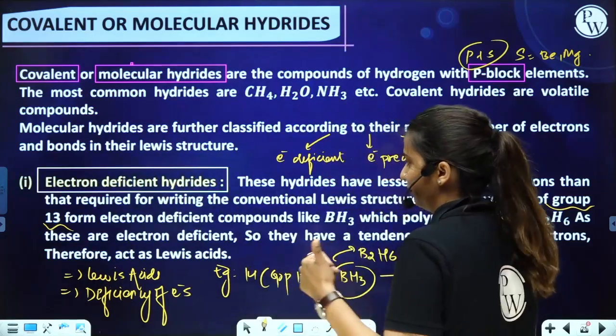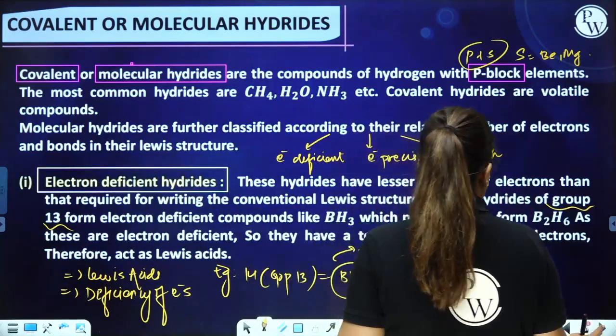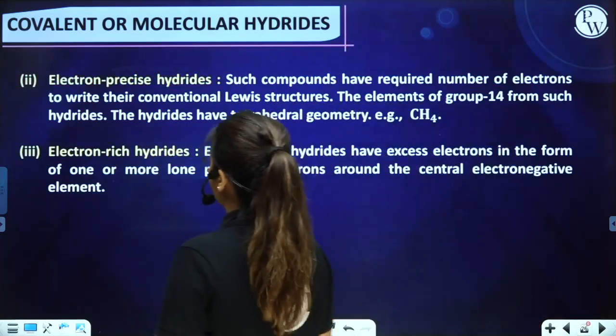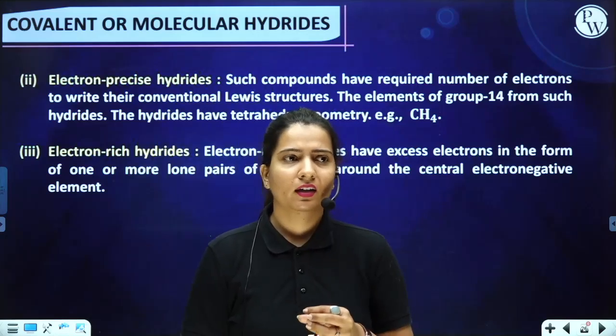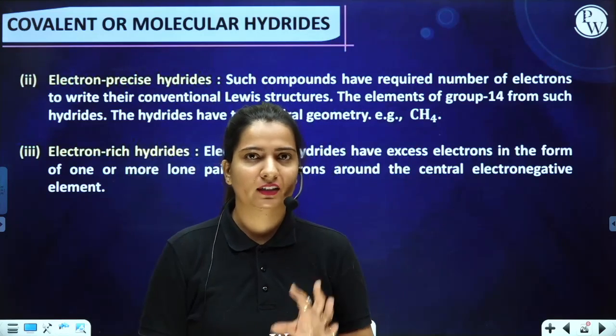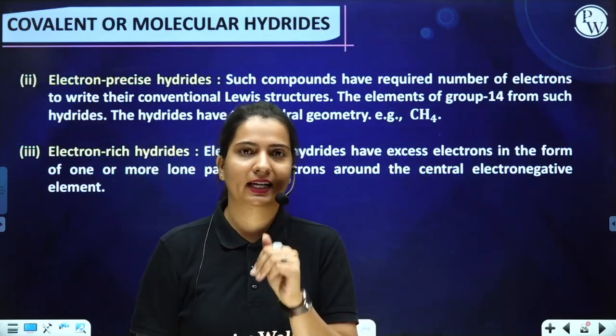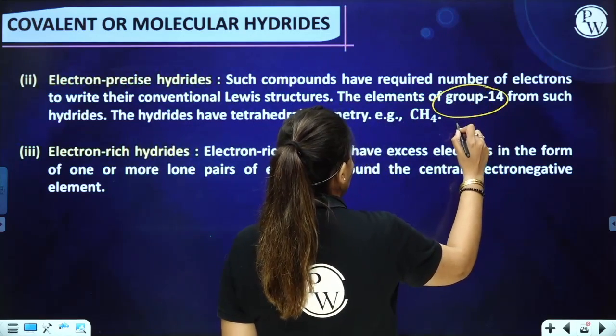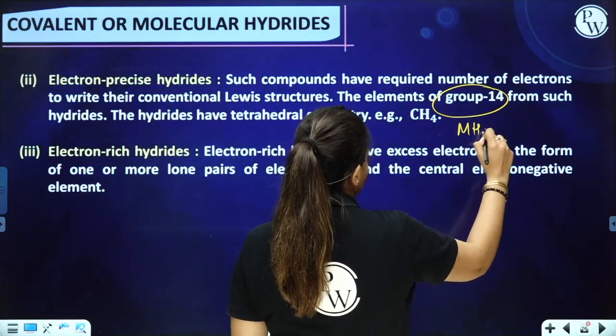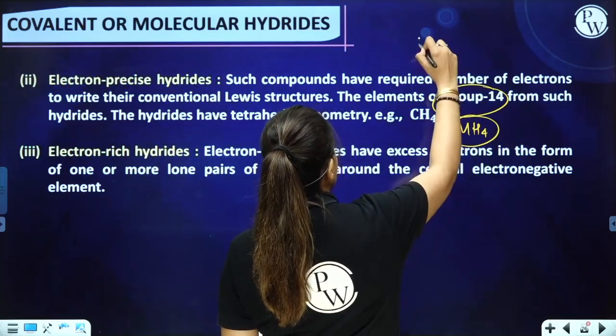Okay, perfect. Now electron precise. Electron precise means that whatever number of electrons you require, that many electrons you have. That means you are surrounded by 8 electrons. So any of the hydrides of group 14 will have the compound MH4.